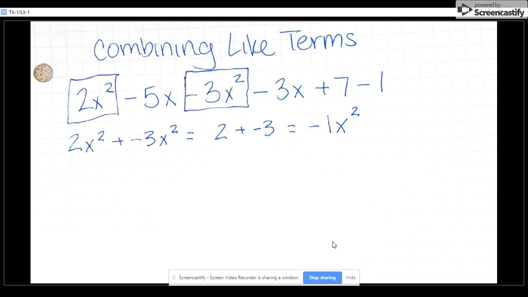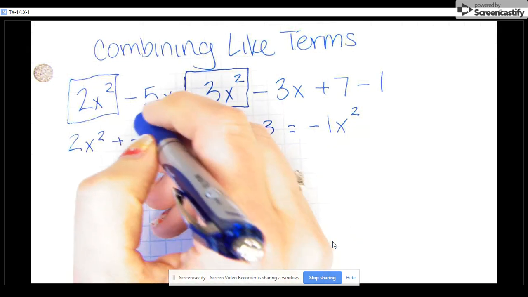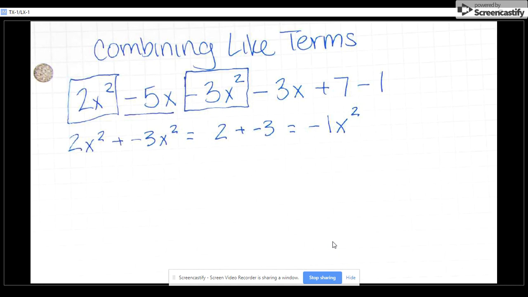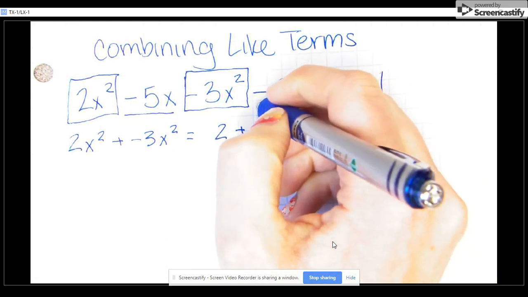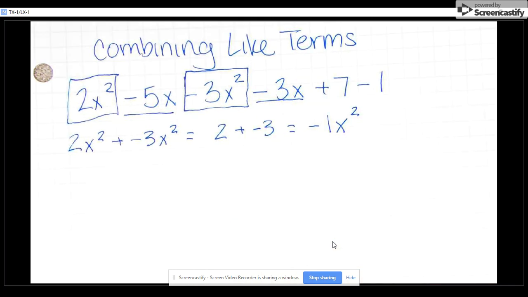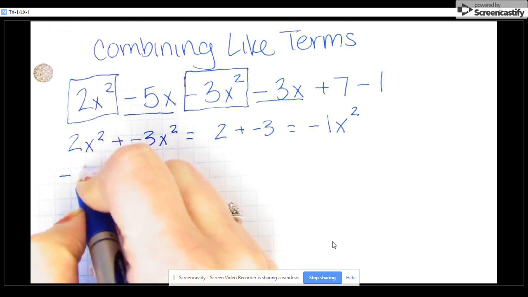Now I'm going to pick another term. So let's look at right after the number. I have -5x. I see right here that -3x also. So since those are the only ones with x's, I'm going to combine them.